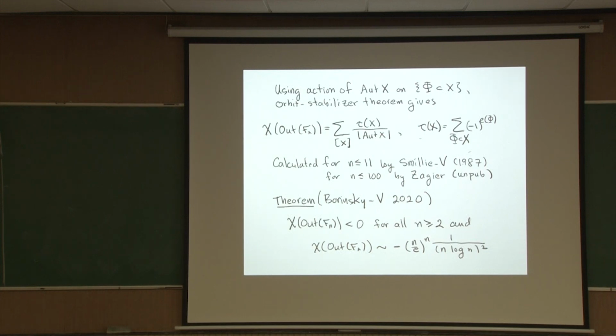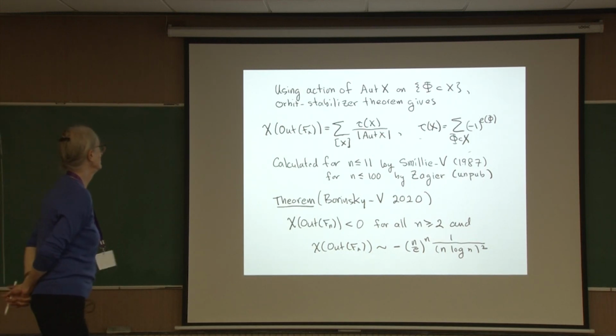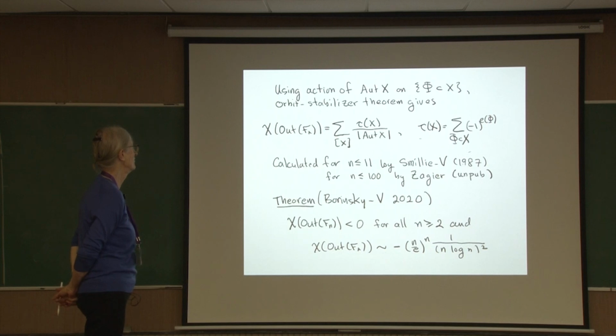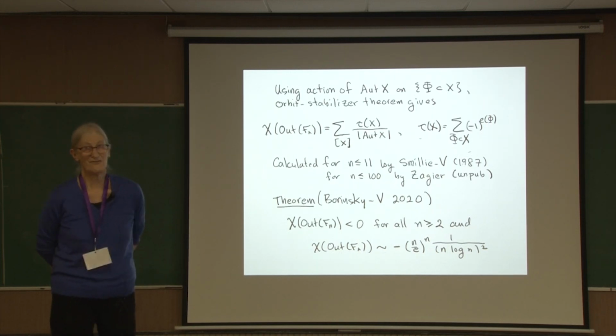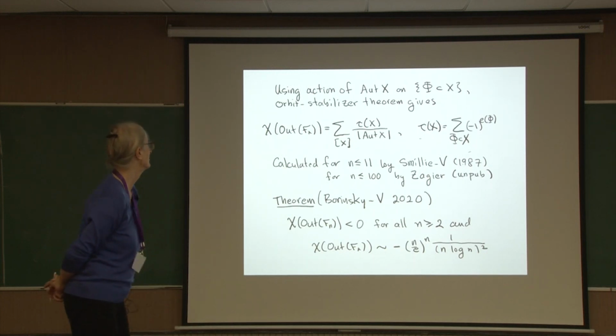So I can simplify this formula a little bit using the orbit stabilizer theorem. The set of automorphisms of the graph acts on the set of forests in the graph.